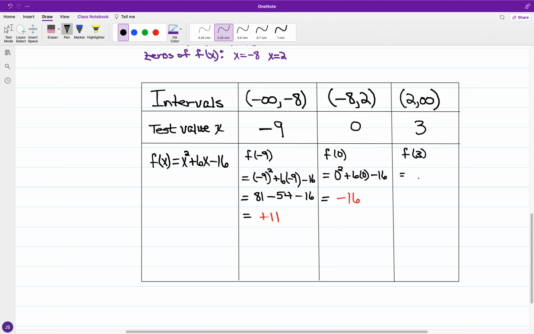Now for f of 3, we have 3 squared plus 6 times 3 minus 16, and 3 squared is 9. 6 times 3 is 18. 9 plus 18 is 27 minus 16. We have the same output at x equals 3 that we did when x was negative 9, so we also have a positive 11.